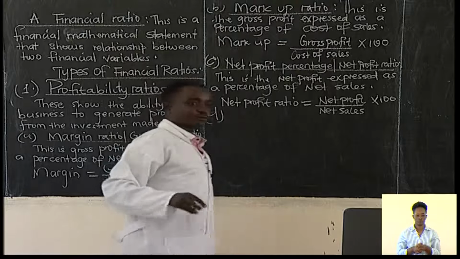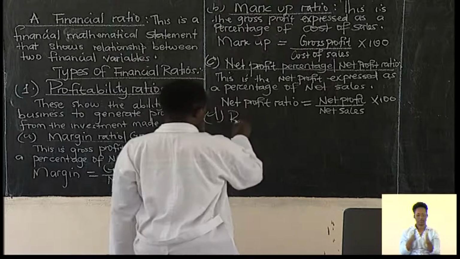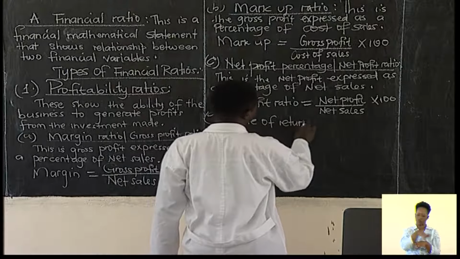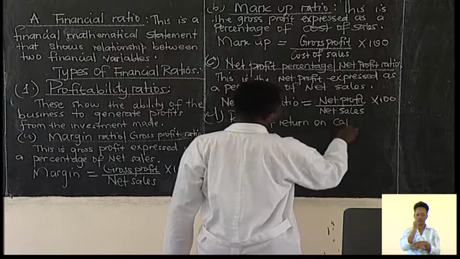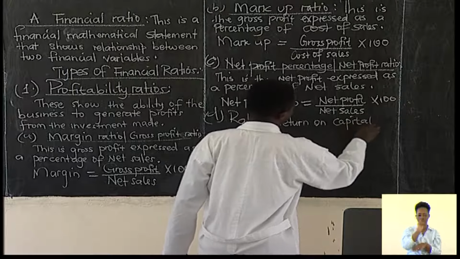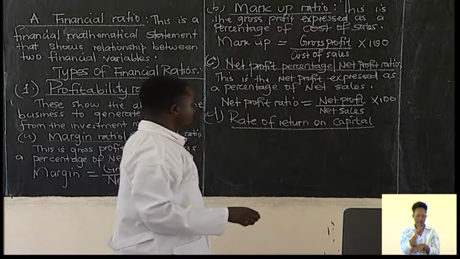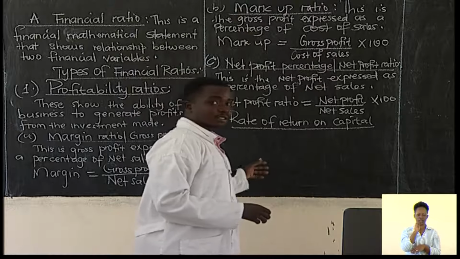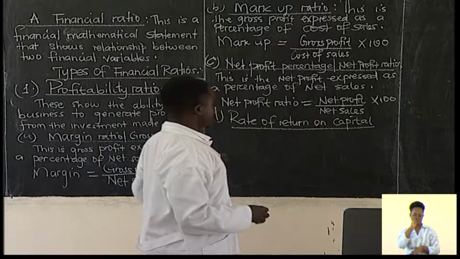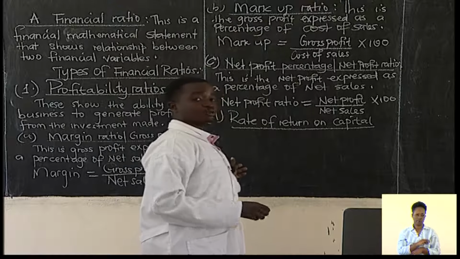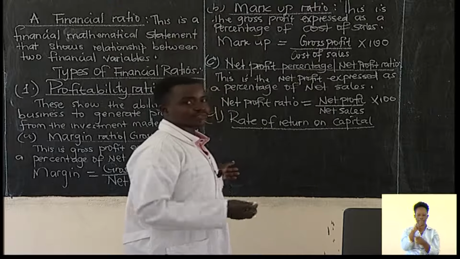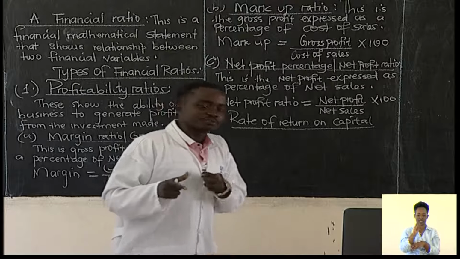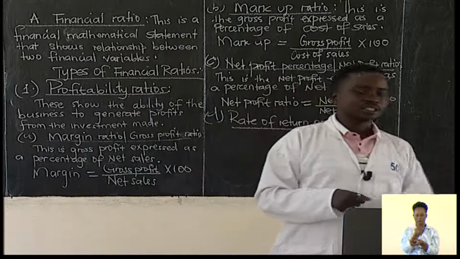Then we have what you call rate of return on capital. So rate of return on capital, this will be the ratio of net profit to capital employed or invested in the business. So in this ratio, we examine how much net profit each unit of capital generates.